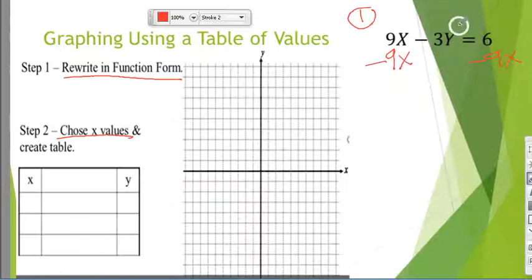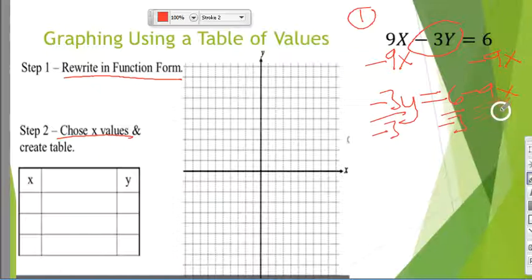But then just be very careful that you bring down that negative sign in front of the 3, because this is really -3 times y equals 6 minus 9x. So then you have to divide everything by a -3. So y equals -2 plus 3x.